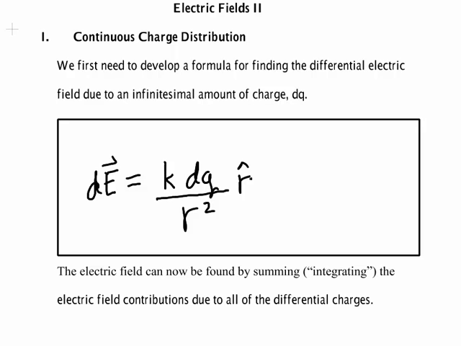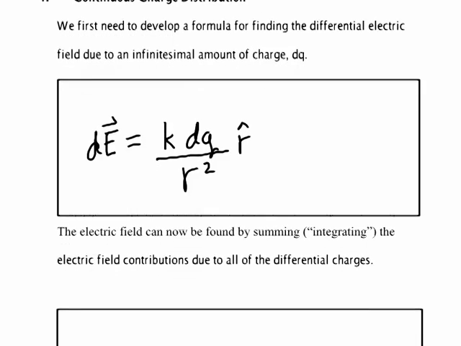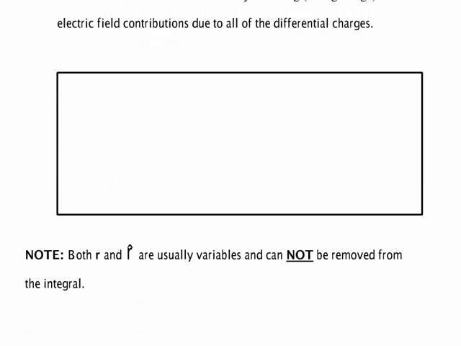Now what we're going to do with this is sum, or in the words of calculus, integrate the sum of all of these little charge contributions. So to do that, we simply write the integral as follows.